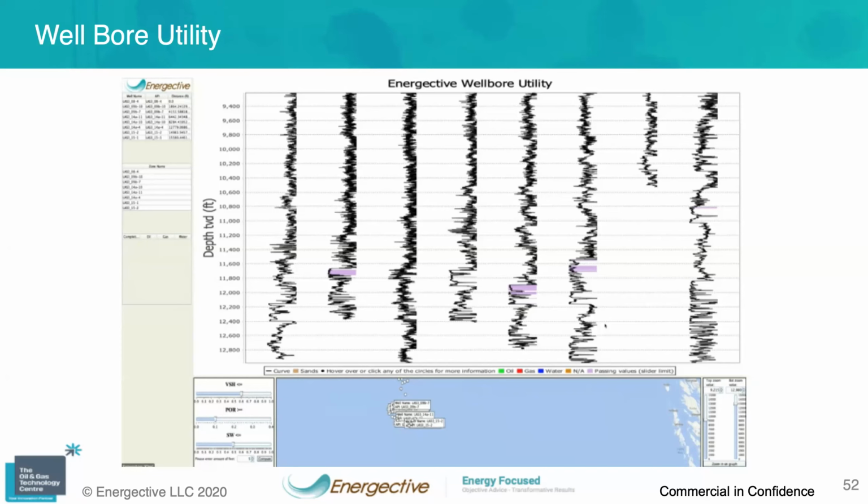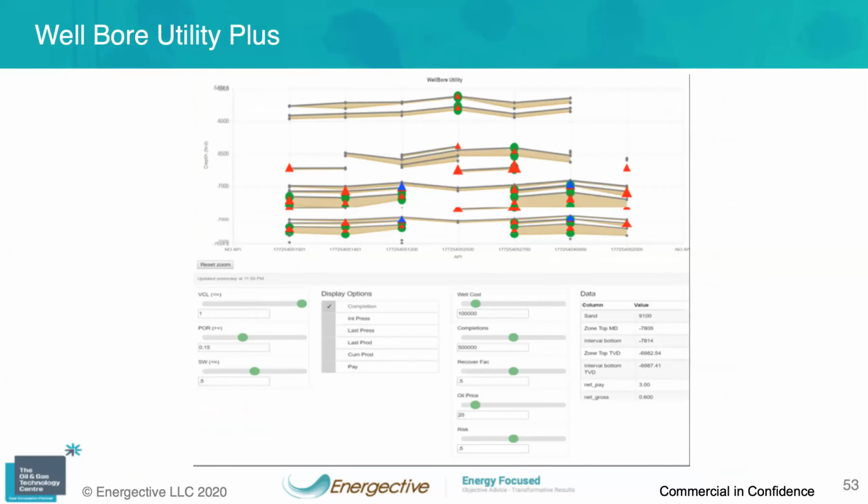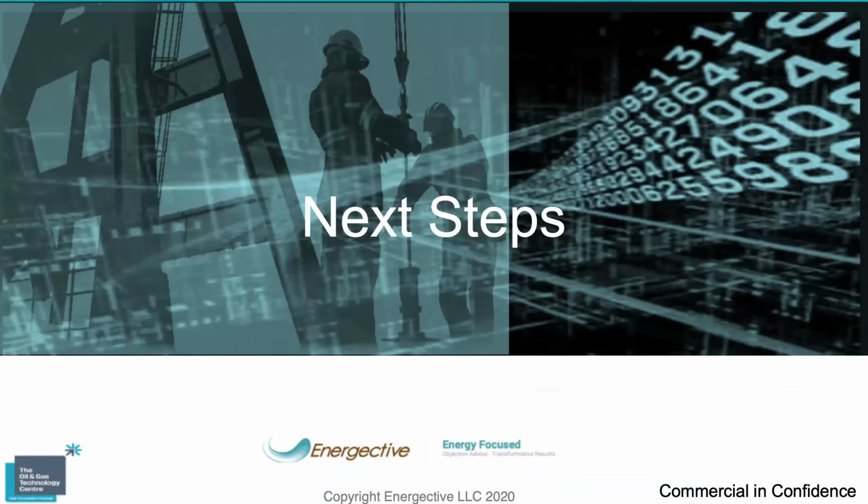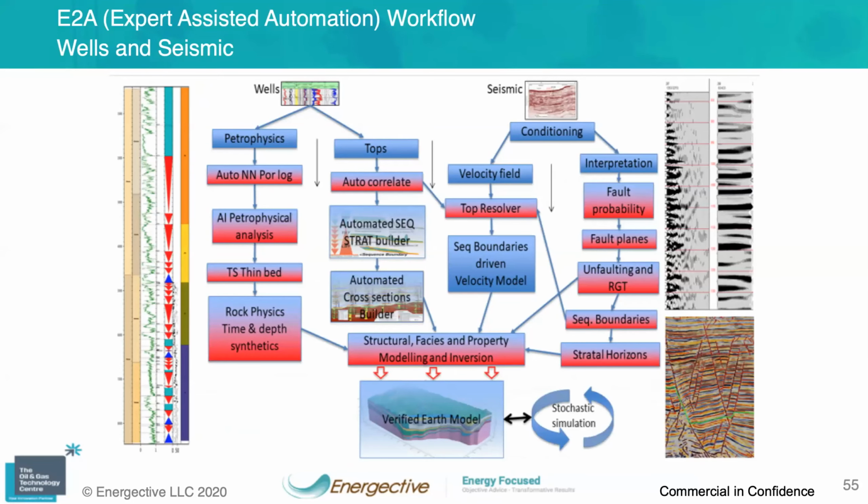And we know what a workflow should look like. We know what, as if we were exploring this area, what we would like this to look like. And this is just a final one of our wellbore utilities where we can actually put in well costs, completions, etc., recovery factors, price, and risk, and get them to light up as well. Okay, just a final set of slides here.